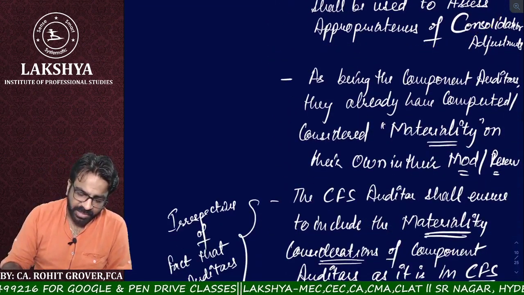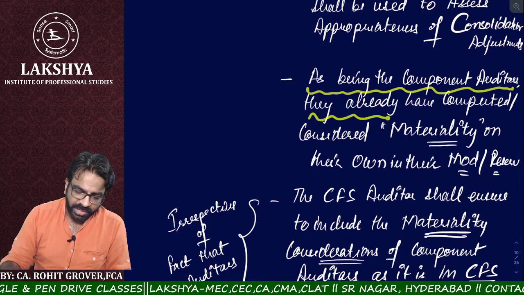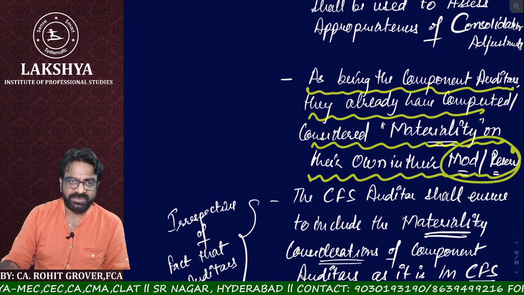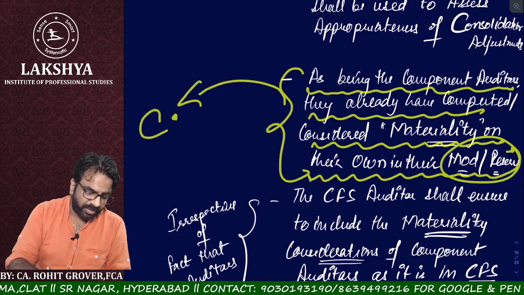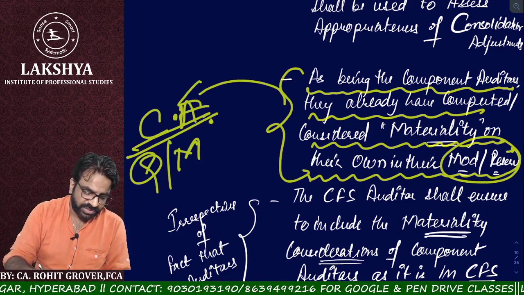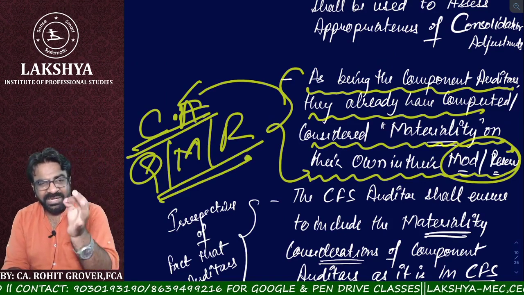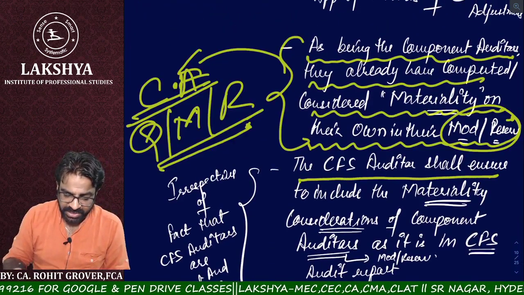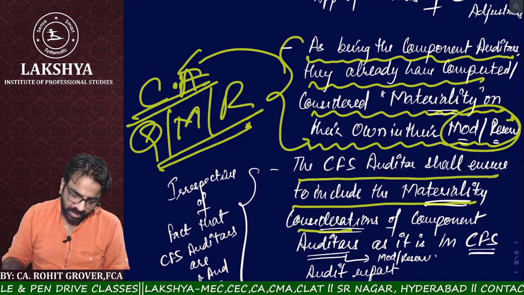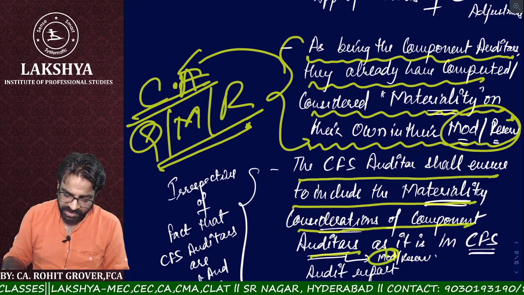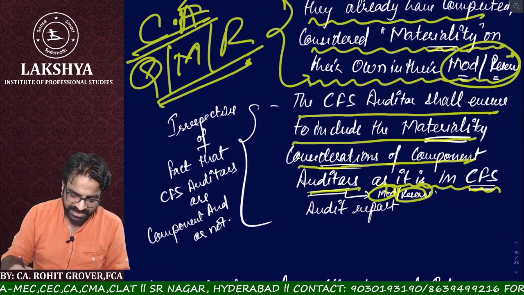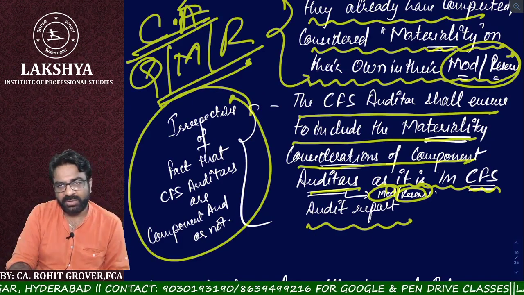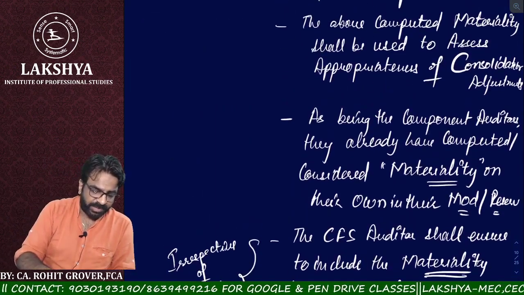Now, as component auditors, if they have already considered materiality in their own modifications or reservation, if according to them as a component auditor there is any qualification, modification or reservation in their component, even though it is an immaterial subsidiary, what is the CFS auditor's responsibility? The CFS auditor shall ensure to include the materiality considerations of component auditors on modification and reservations as it is in his consolidated financial statement audit report, irrespective of whether he is the CFS auditor or the component auditor. Now let me give you a very simple example to understand.